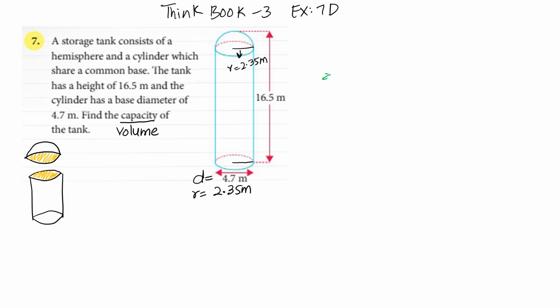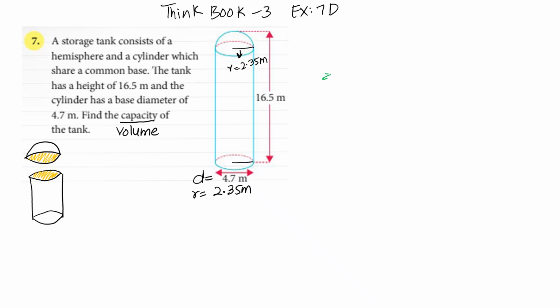So if the vertical line is also a radius of the hemisphere, it means that this line, which makes a 90-degree angle, can be considered as the height of the hemispherical part. So if the hemispherical part height is 2.35, we can get the exact height of the cylinder by subtracting it from the whole height of the figure.